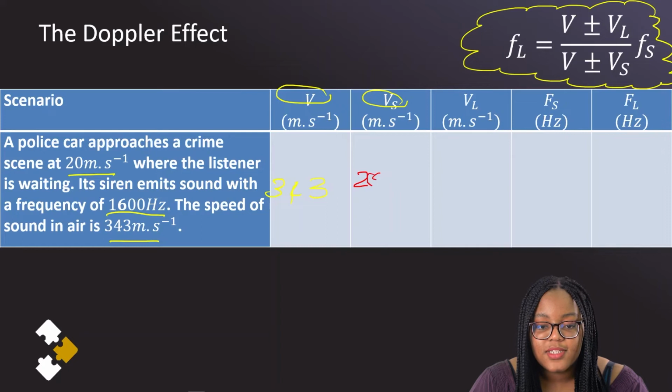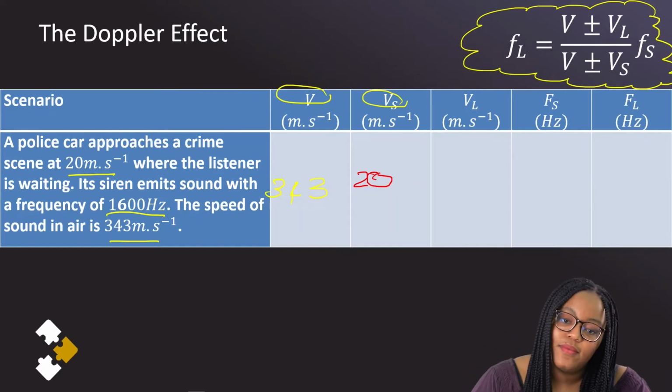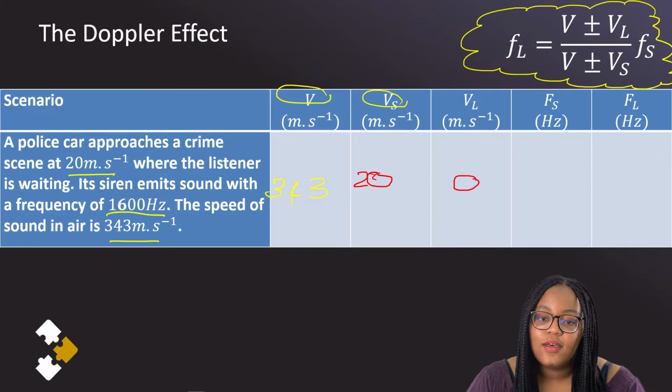VL is going to be the velocity of the listener, and we know that because the listener is waiting, they're stationary, their velocity is going to be 0. Okay. Fs is the frequency of the sound emitted by the source, which we've been given as 1600 Hz. And FL is what we do not know, which is going to be the frequency of the sound experienced by the listener.